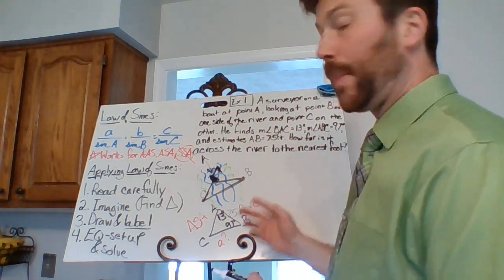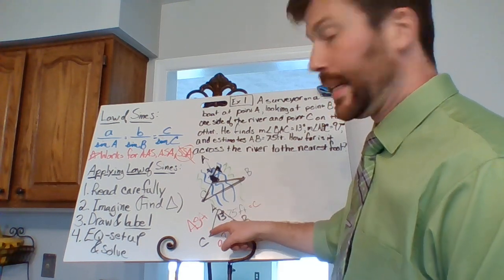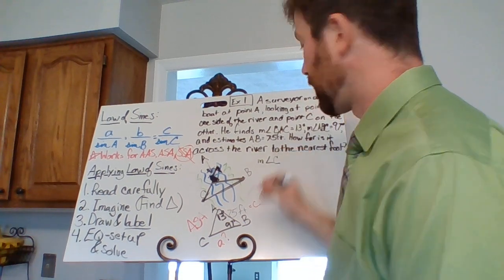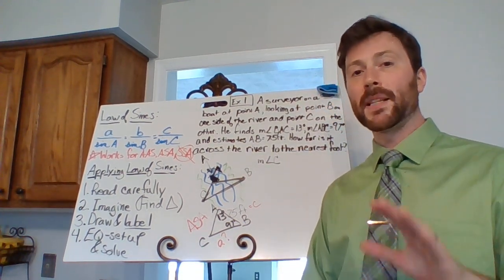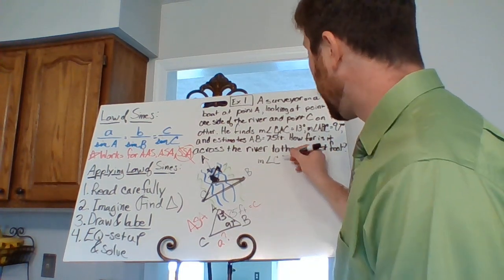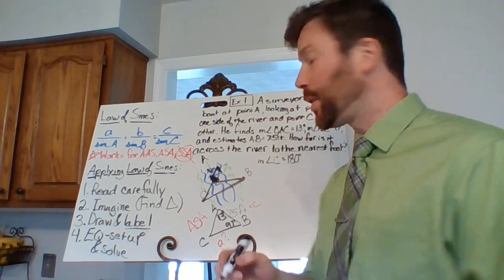So I need a pair of opposite measures, at least one pair of opposite measures. So what I need is angle C. That's the first thing I've got to find here, the measure of angle C. If you have two sides or two angles of a triangle, it's always best to find that third angle first. The reason that's so easy to find is because angle C is going to be 180 degrees minus the other two.